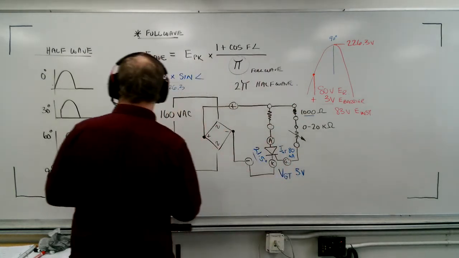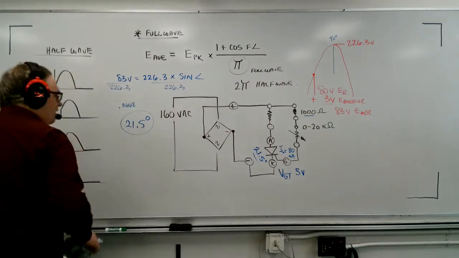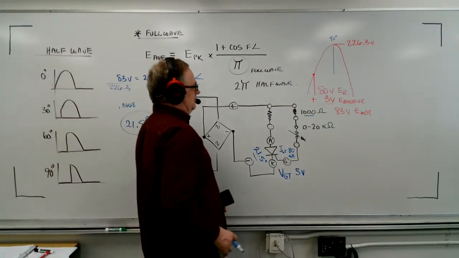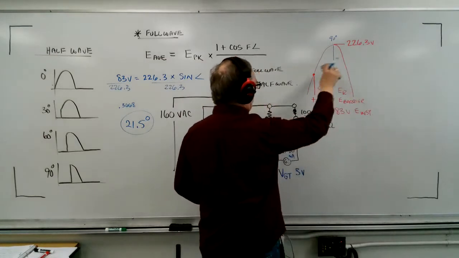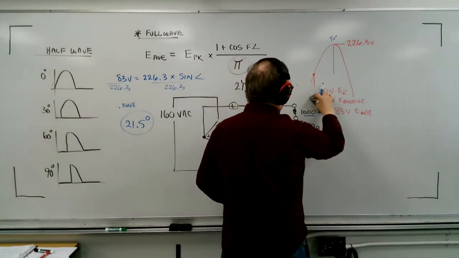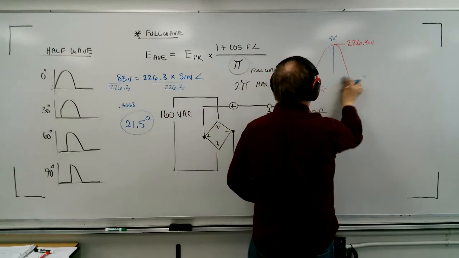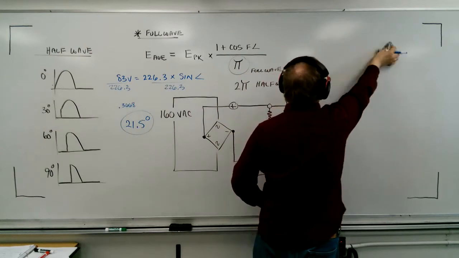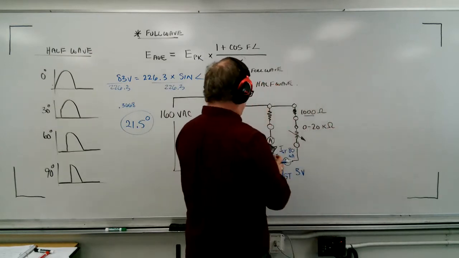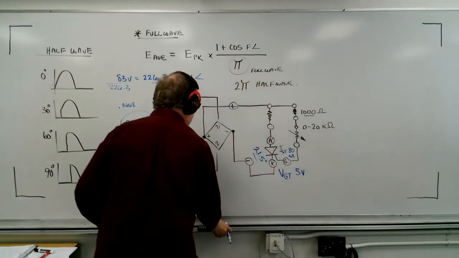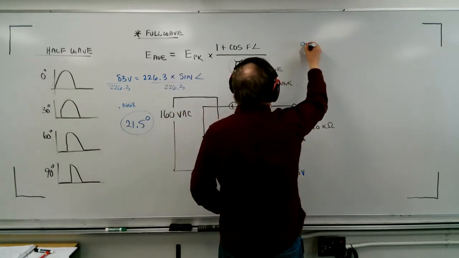And so what I'm going to do is just erase this part right here, and I'm going to show you the calculation right here. I'm going to erase this part out of here, and now I'm going to do the calculations now for 90 degrees.